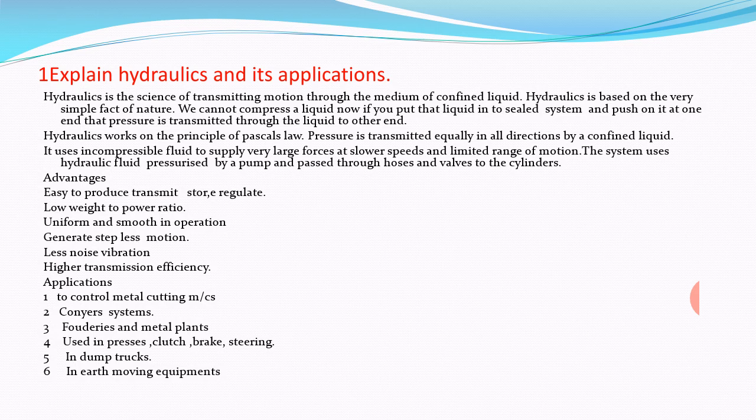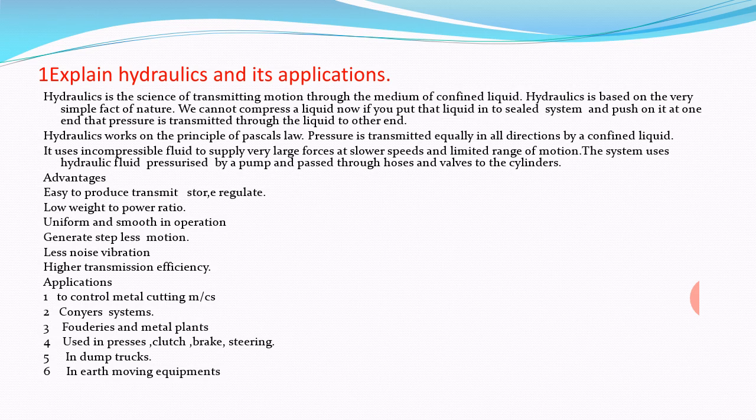Then less noise and vibration, which means it is vibration free and transmits smoothly. Then transmitting efficiency is more compared to other types, that is, the transmission loss is less; in electrical systems, for example, we have transmission loss.